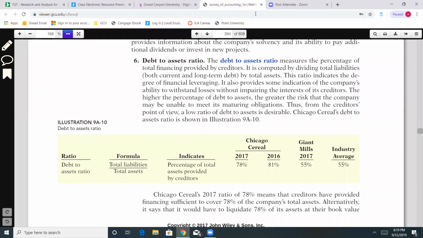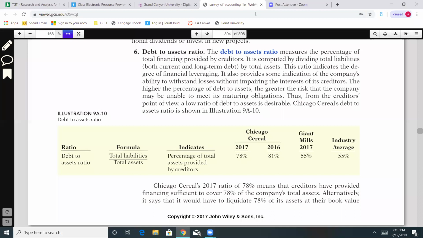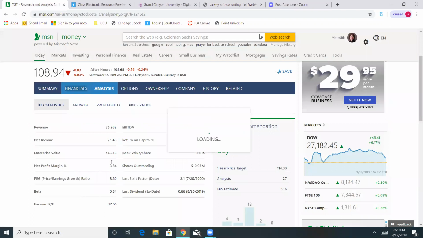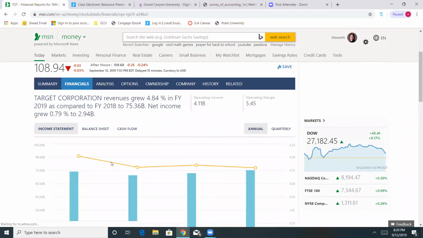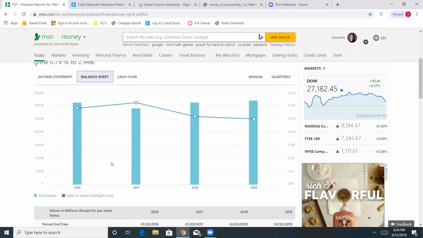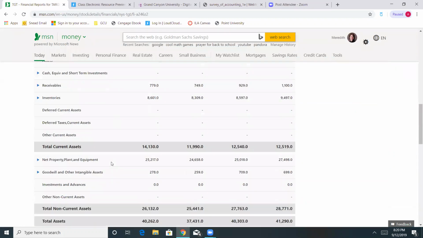So there's debt to assets ratio. You're given the formula right here: total liabilities divided by total assets. We actually just saw those a while ago. We looked at current, but we can go to total. Go back to financials. Again, assets and liabilities are on the balance sheet. Click on balance sheet and scroll down here.